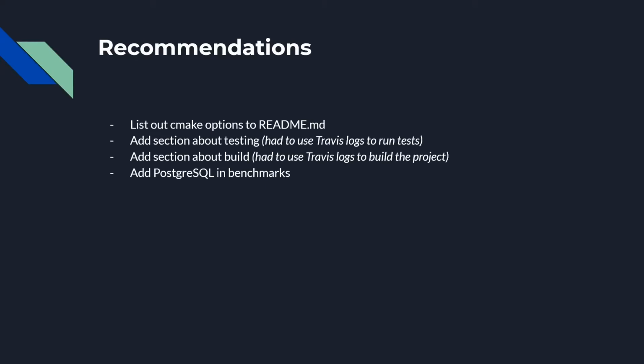The next one is to add a section about testing, because we spent a lot of time going through the CI/CD logs to understand how to run them. And a section about the build is also important, because I'm not sure, probably it should not run on Windows. And even for Linux, we had to figure it out from CI/CD logs.